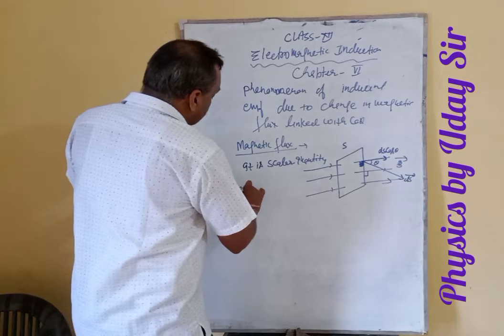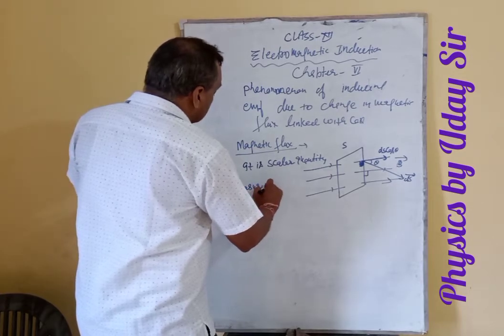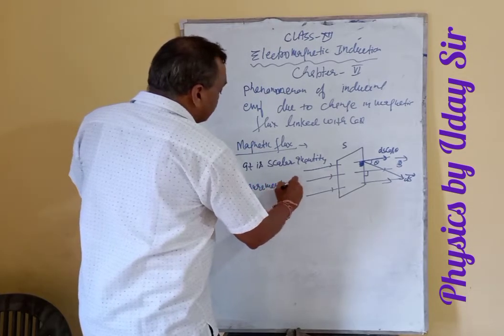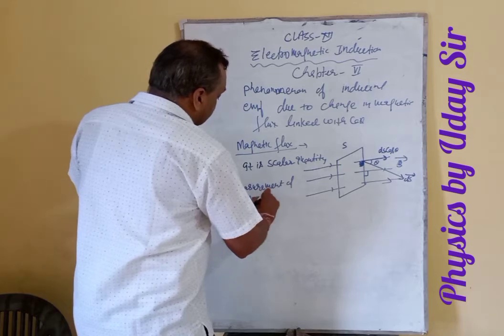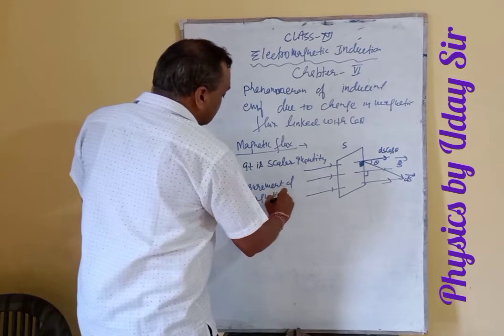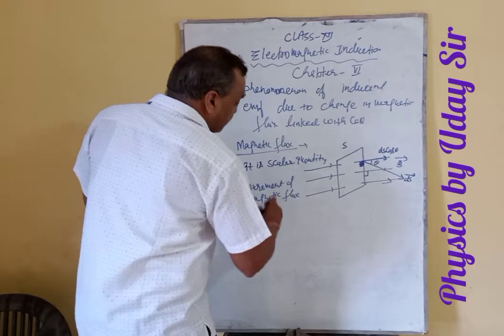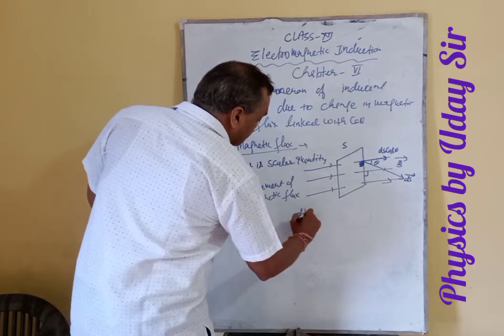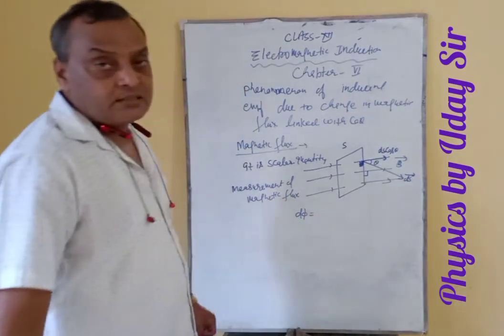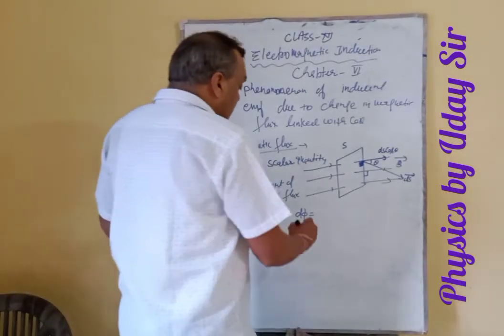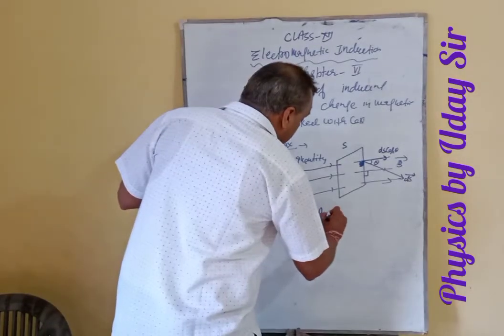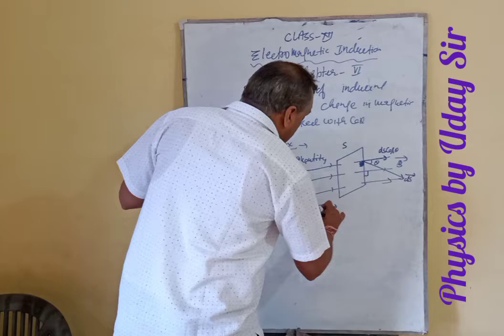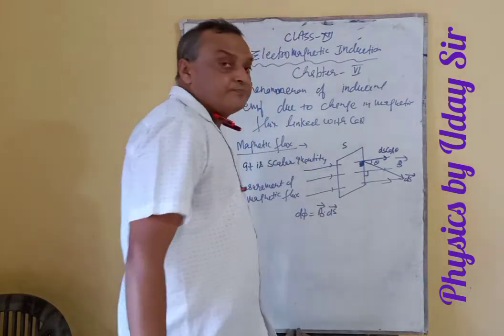Measurement of magnetic flux. Suppose this is d phi, a small area element taken. Already I told it is a number, so we take the scalar product.